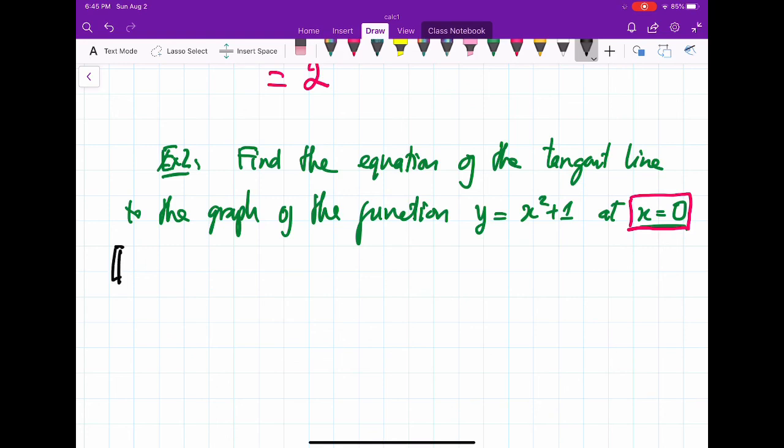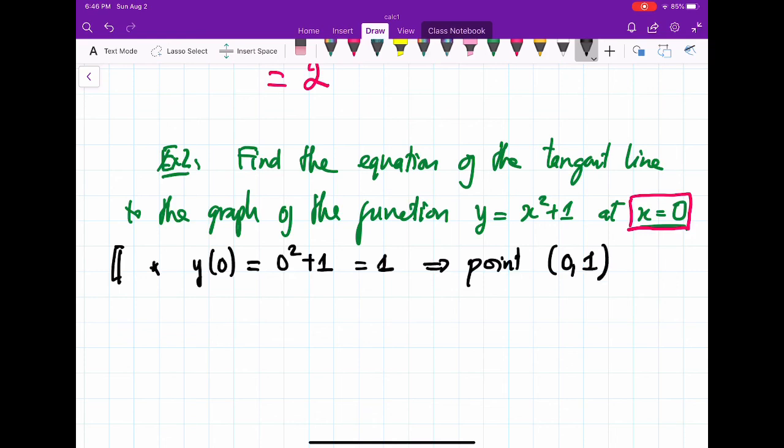So the solution: let's find the y coordinate. The y when x equals 0 is 0 squared plus 1 equal to 1. So the point is (0, 1). You just plug 0 into the function. And then we need to find the slope of the tangent line.